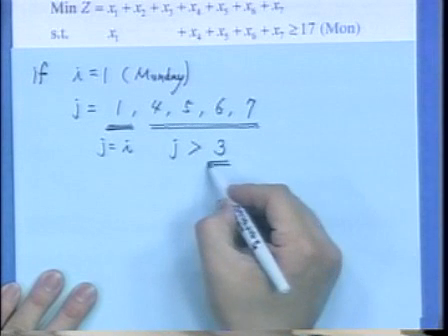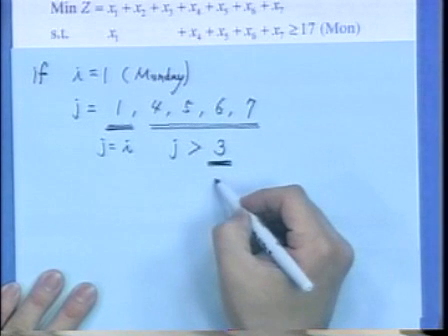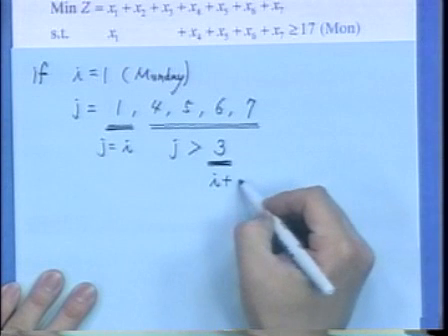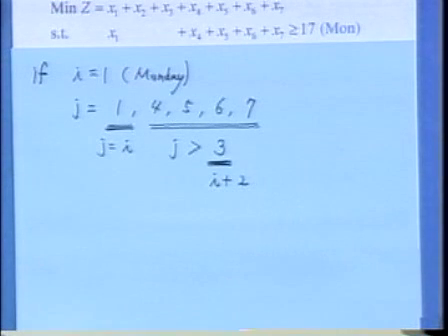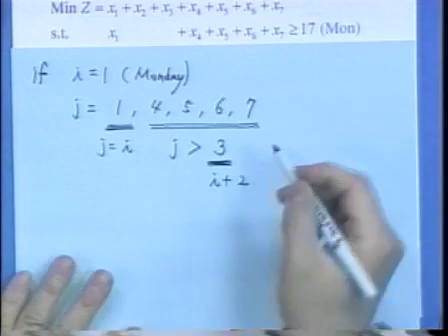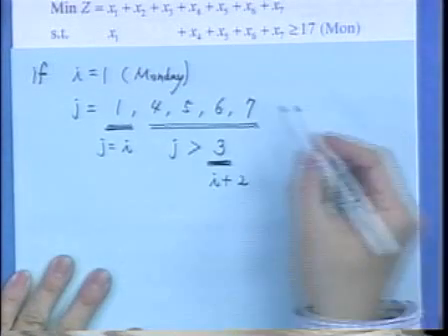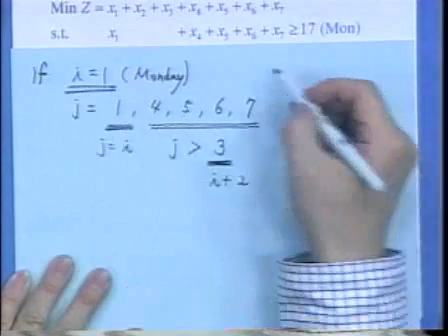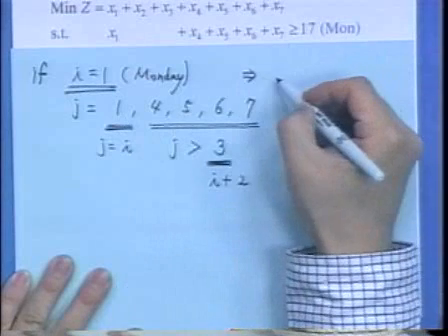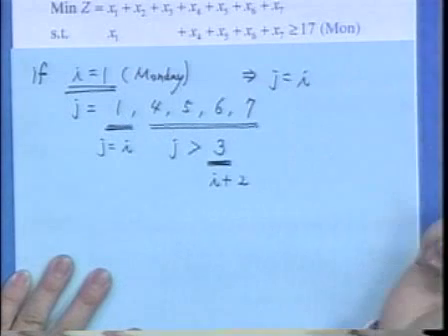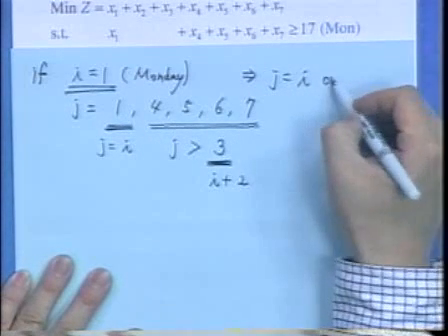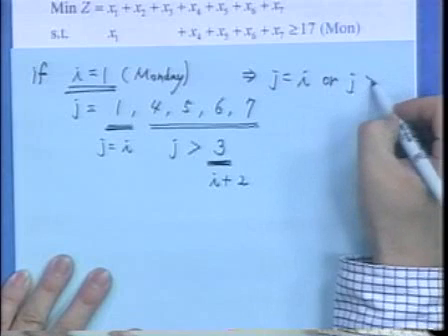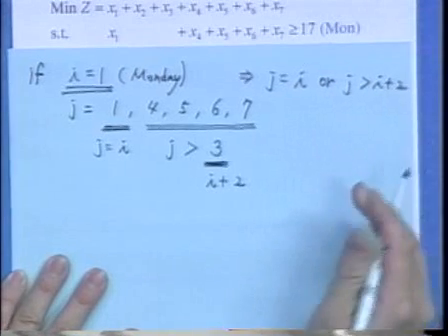And 3 would be expressed by I plus 2 using I values. Okay, is that right? So in that case, I would say if I equals 1, then j equals I, or j is greater than I plus 2. Is that right?